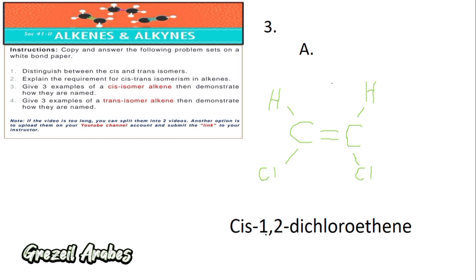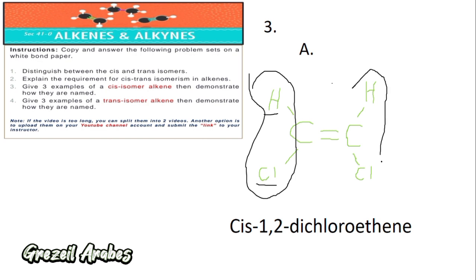This 1,2-dichloroethene is a cis isomer because there is a double bond, so rotation is restricted, and then there are two non-identical groups found, and also here two non-identical.